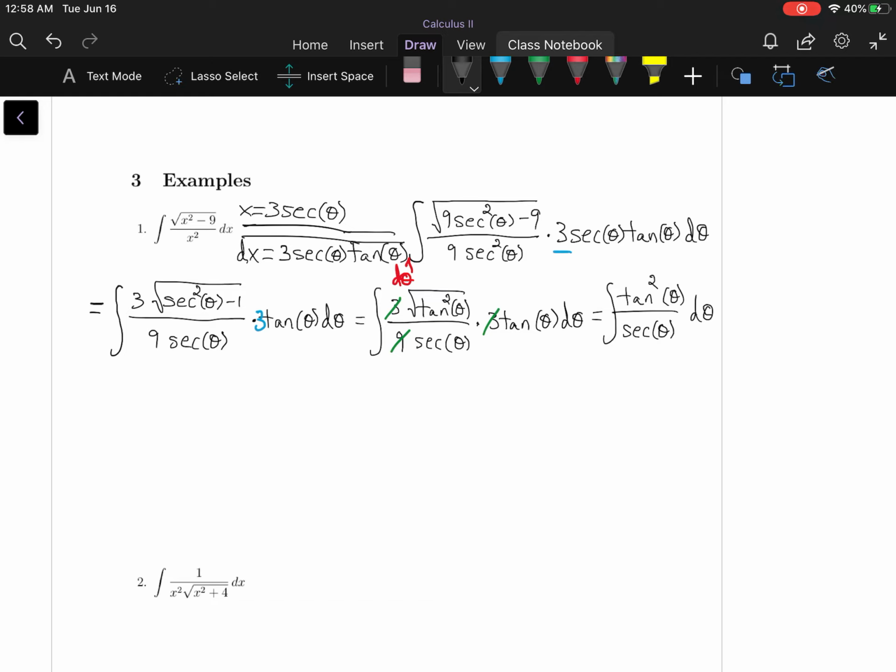So you could either convert the tangent into a sine over cosine and the secant into a 1 over cosine. That won't necessarily help, but what we can do is I'm going to use an identity for tan squared, and I'm going to go back and say that tan squared is secant squared minus 1.